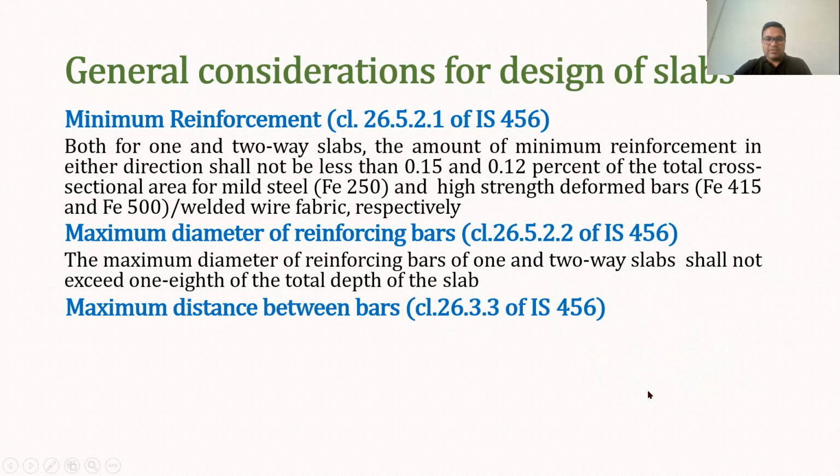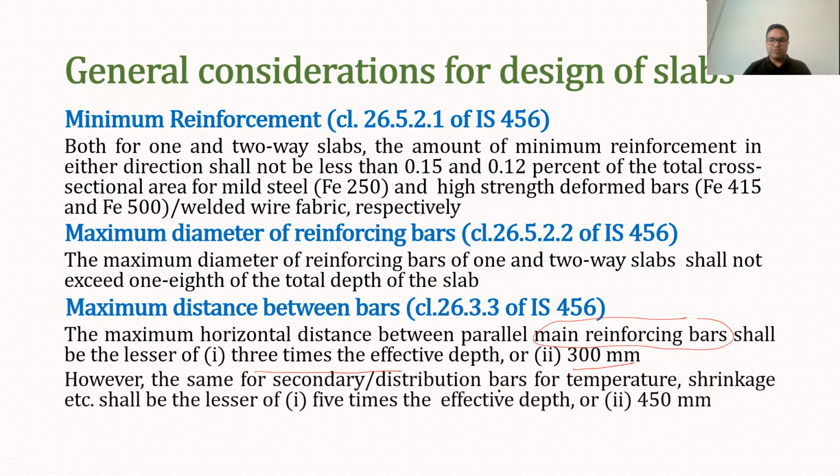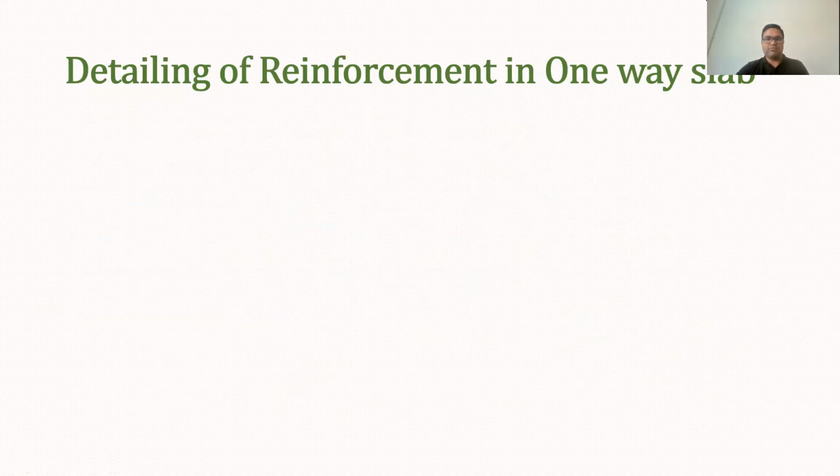It says if we are providing main reinforcement, then the spacing should be the least of 3 times the effective depth and 300 mm, whichever is less. Similarly, if we are providing distribution reinforcement, the spacing should be the least of 5 times the effective depth and 450 mm, whichever is less. So that is the recommendation for maximum spacing.